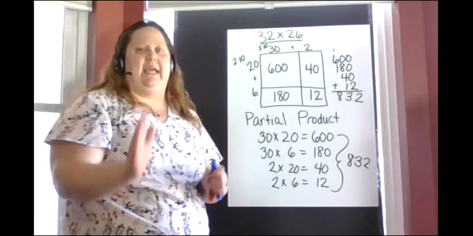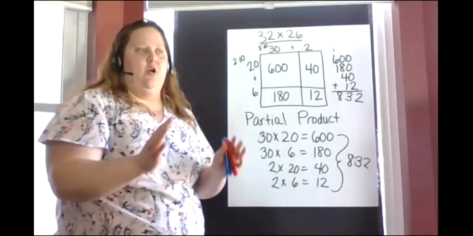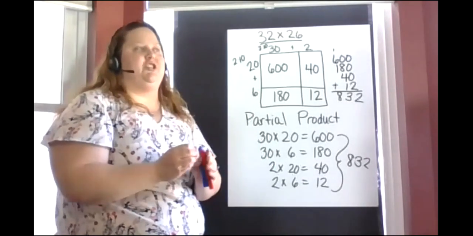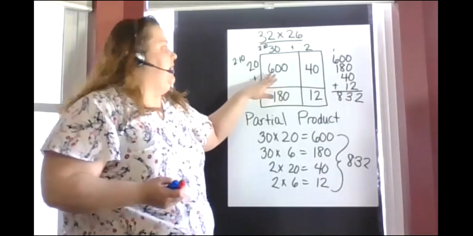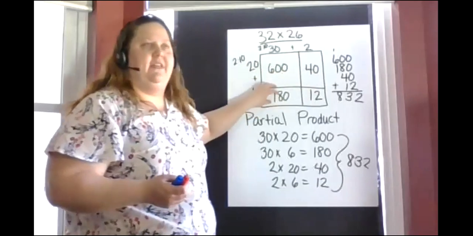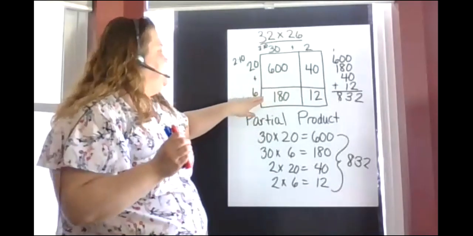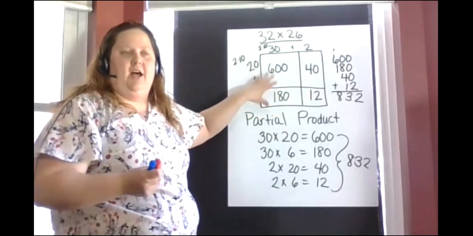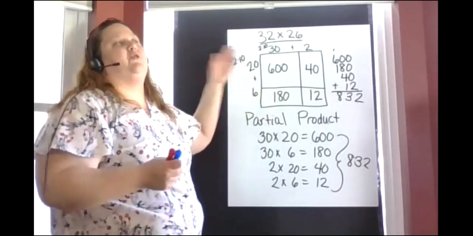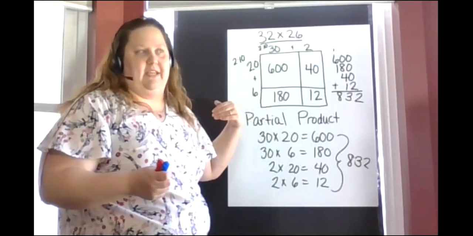So it's okay to give them a chart where they can then use that chart. That chart is only going to help them start to make sense of the actual single digit multiplication. It's not going to help them with this process. And we don't want them to get lost in the process because they're so worried about that single digit multiplication.